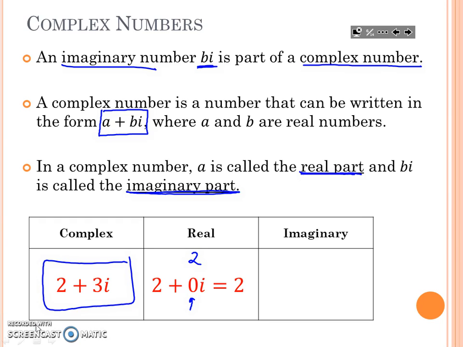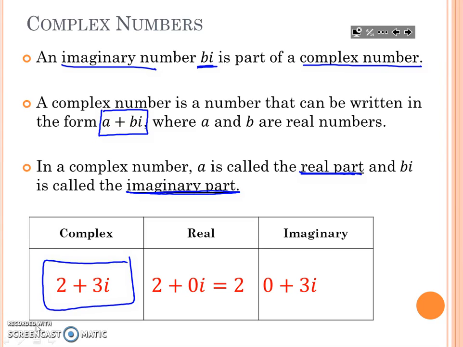So that's how 2 equals the same thing as this part right here. For a complex number I have to have a real and an imaginary part. So I've got 2 for my real number and then 0 for my imaginary part. It's not really there.